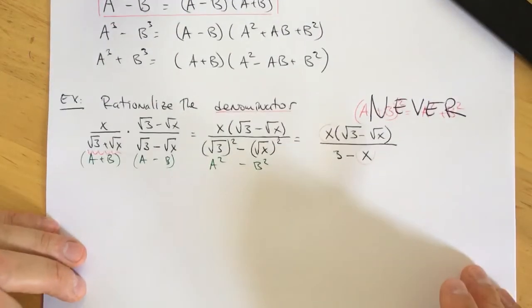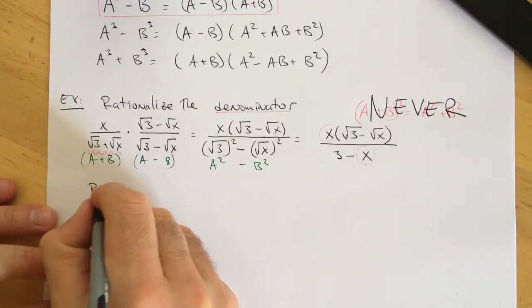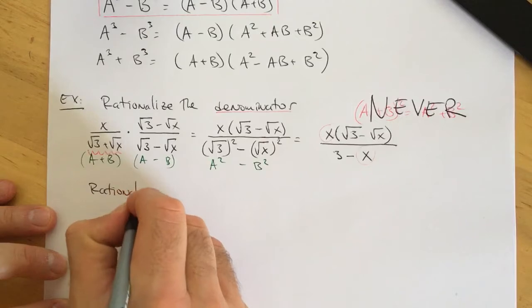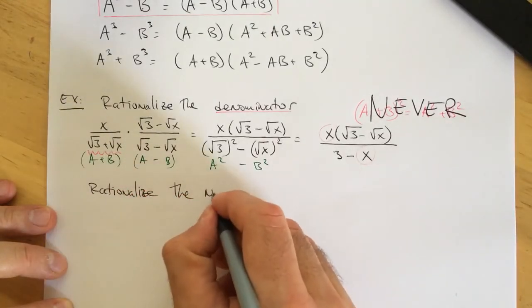Okay, don't get trapped into that mistake. Okay, let's do another example. Rationalize the numerator.